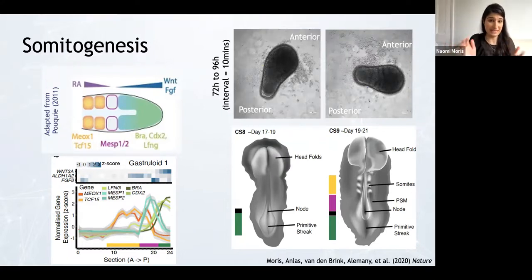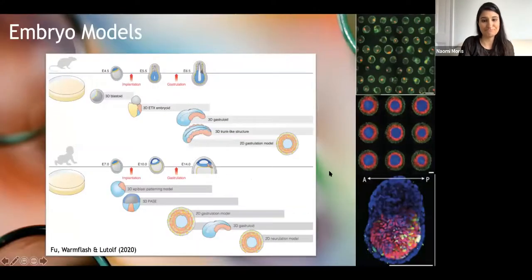And in fact, it turns out that it's between Carnegie stage 8 and 9, which is about 20 days of development. So this is actually really quite late. If that's where we're at with these human gastruloids, then I think that's really exciting, because that's much later than we thought we would get to, and also much later than the other models that exist at the moment.